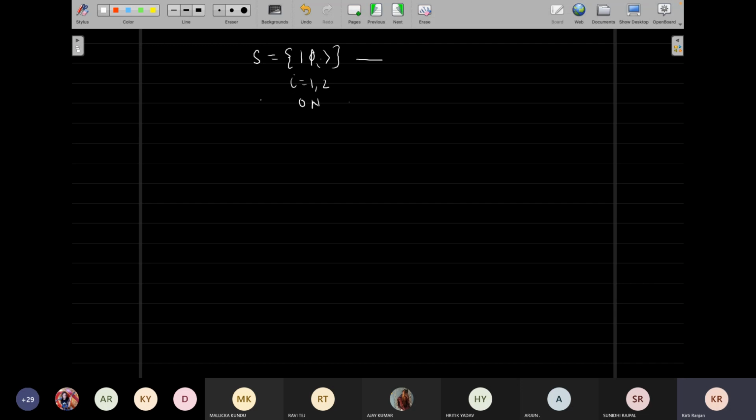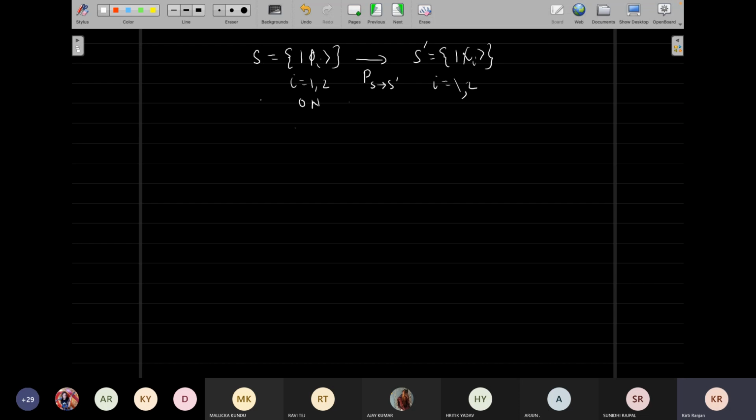I can always go to a new basis chi i using a matrix. What kind of matrix changes from one basis to another in the same linear transformation? The transformation matrix, or change of basis matrix, S to S prime.